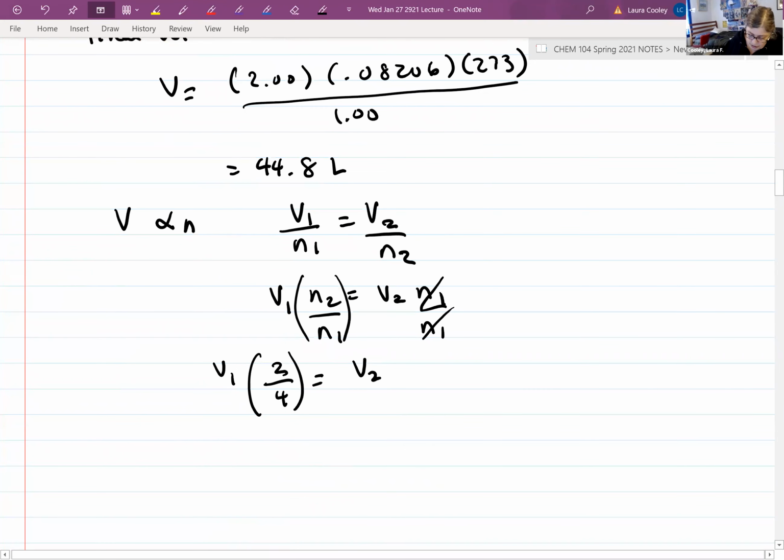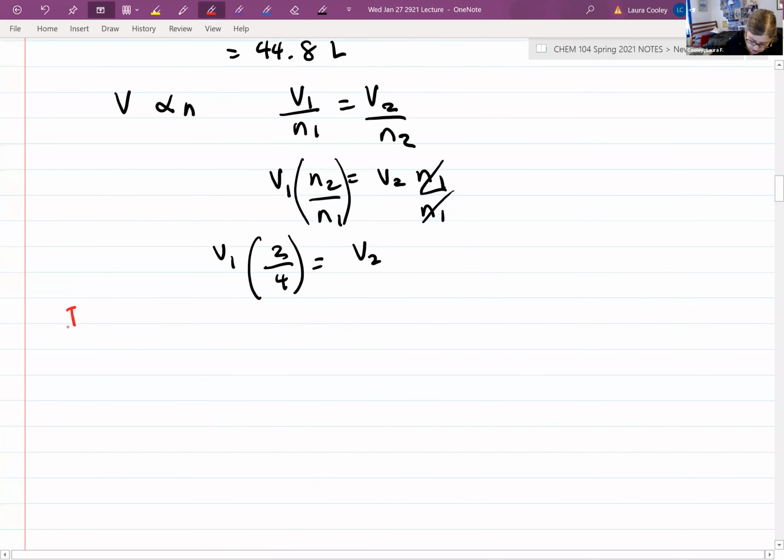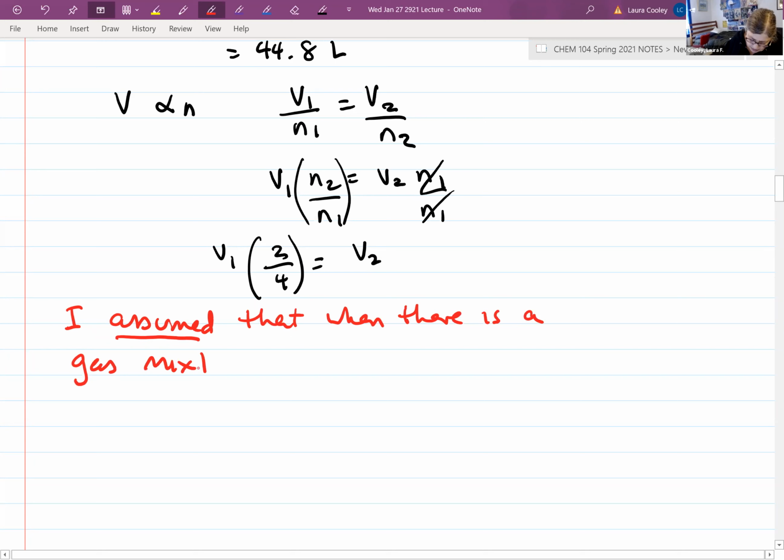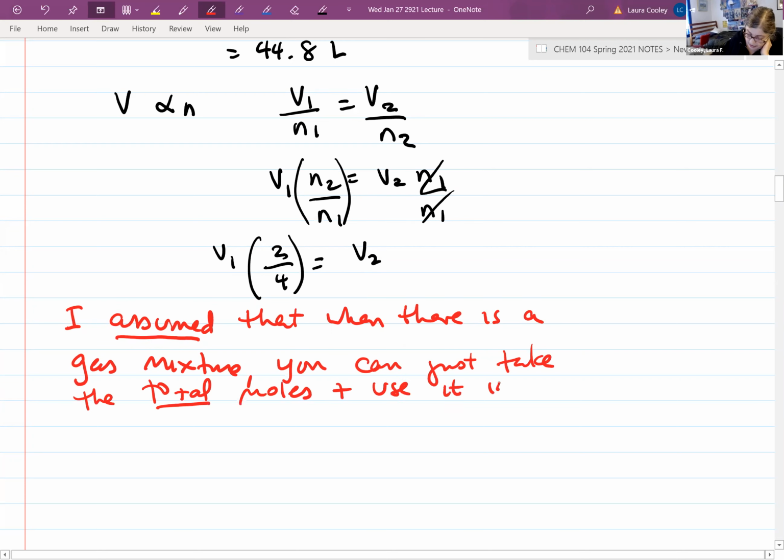So what I assumed is that when there's a gas mixture, you can just take the total moles and use it in the ideal gas law.